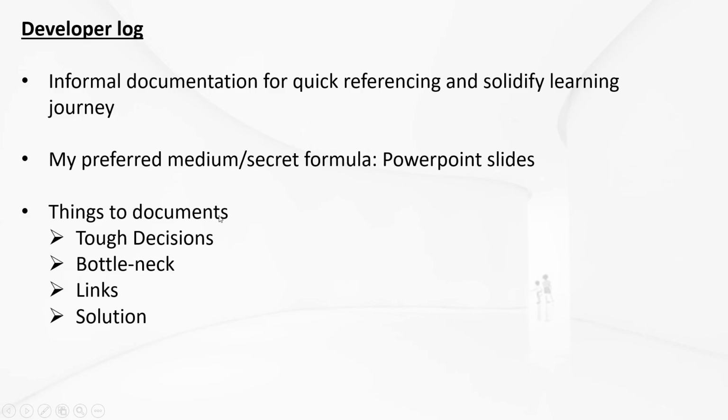So what do I document in the developer log? Generally, I will document the tough decisions and considerations that I have to think through and make. Secondly, I will also document all the bottlenecks that I face, in coding or in the design aspect, the architecture.